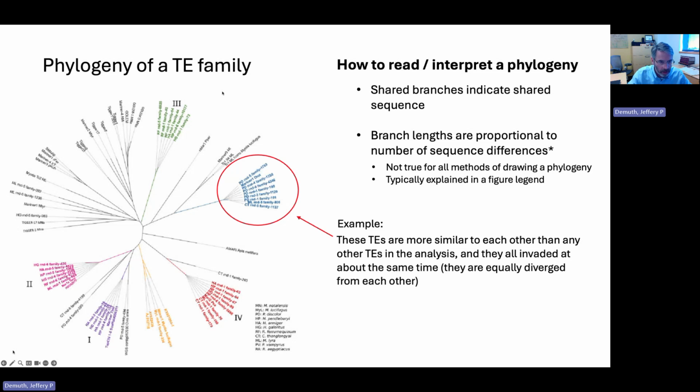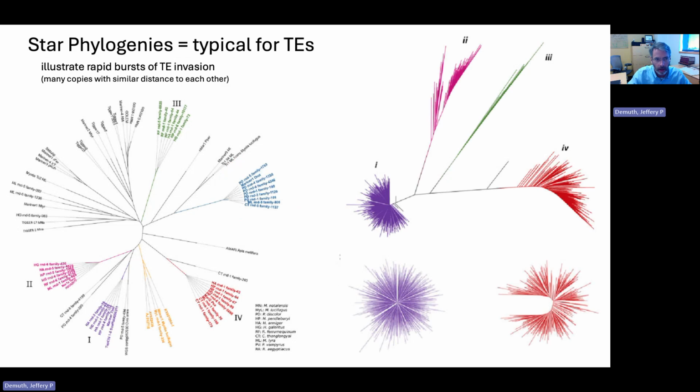And this phylogenetic pattern where you get these bursts of transposition and TEs copying themselves leads to phylogenies like this, right? This is one that's really zoomed in on just a few families of transposons. But they're called star phylogenies, and these are characteristic of transposable elements.